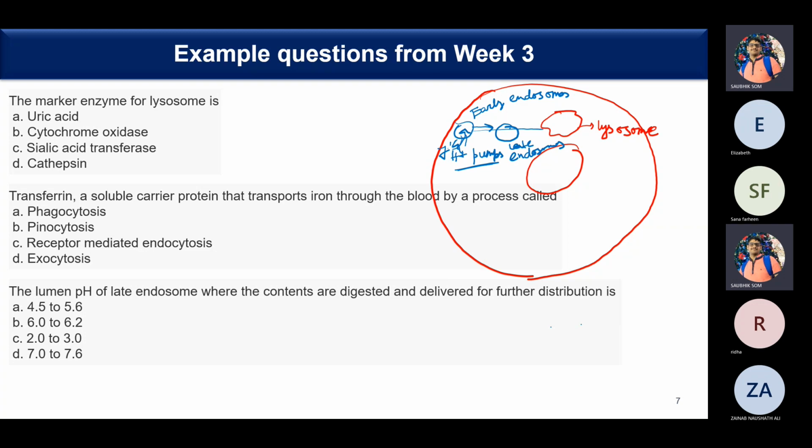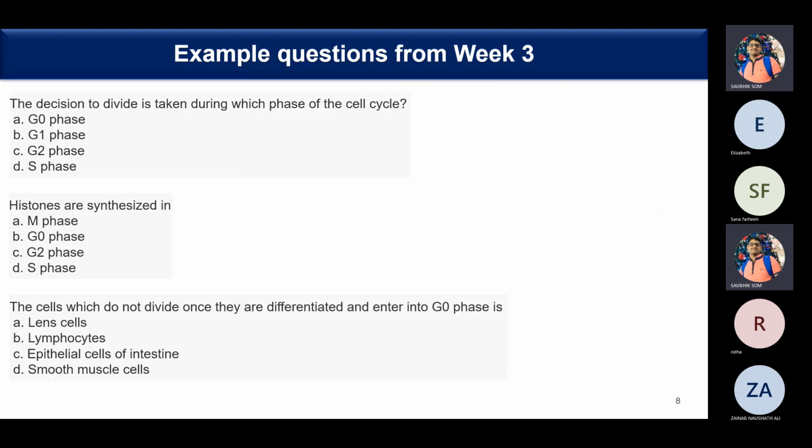Late means it is near the lysosome, so it will not be 7 to 7.6. 6 to 6.2 is like medium endosome. 2 to 3 would be too acidic, which is the lysosome. So around 4.5 to 5.6 will be the correct answer. Somehow you can guess the answer, but yeah, you have to remember it.